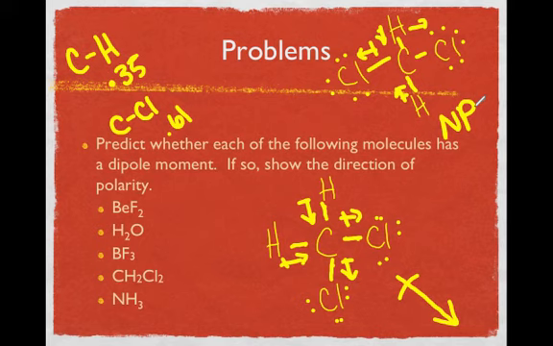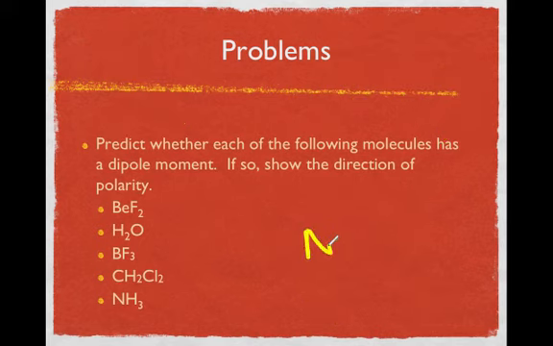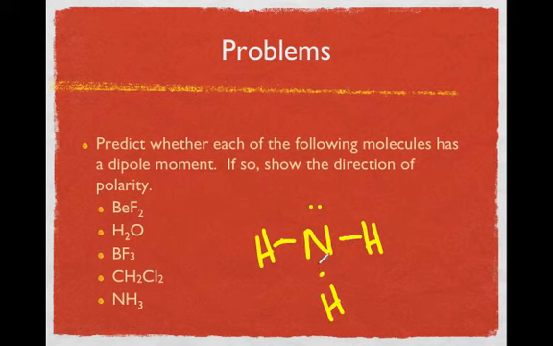Again, then NH3, we have nitrogen and 3 hydrogens. There are polar bonds between nitrogen and hydrogen. Now, since this is the, what shape is it? Yes, trigonal pyramidal.